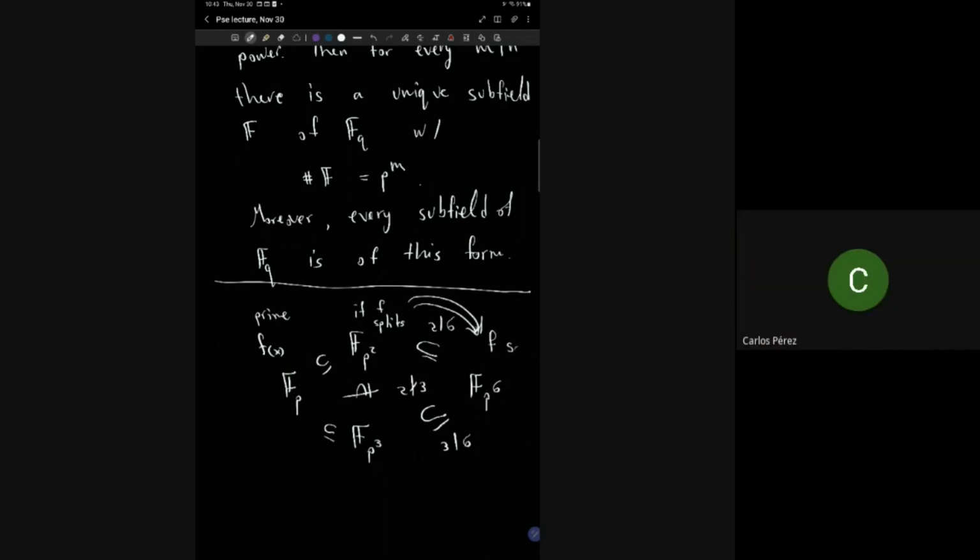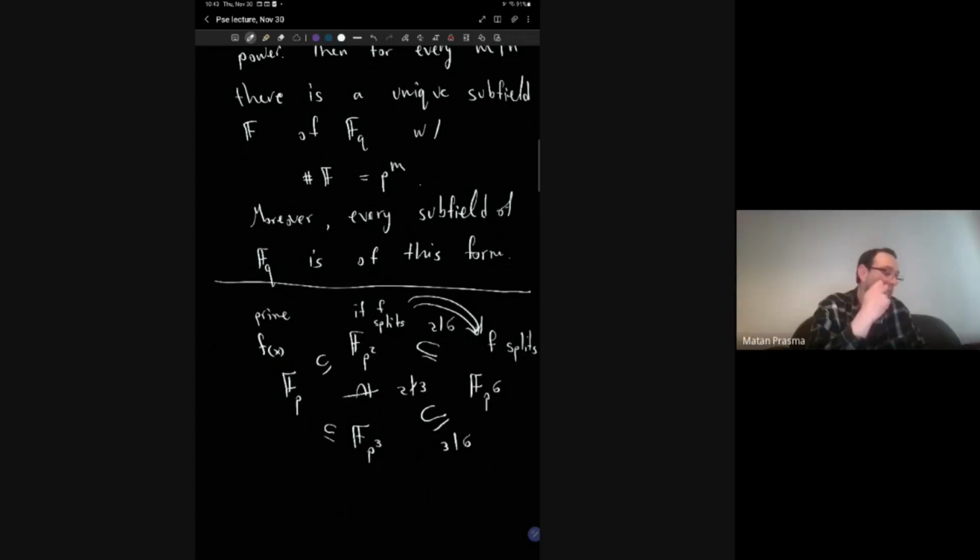But it's a bit unfair because you can always split, right? You can always find a splitting field. You might need to go to the complex numbers or whatever, but you can always split it somehow. Yeah, I can always split, but I don't know that necessarily it splits in F_p squared.